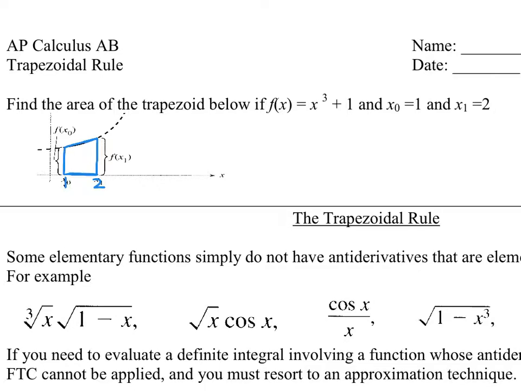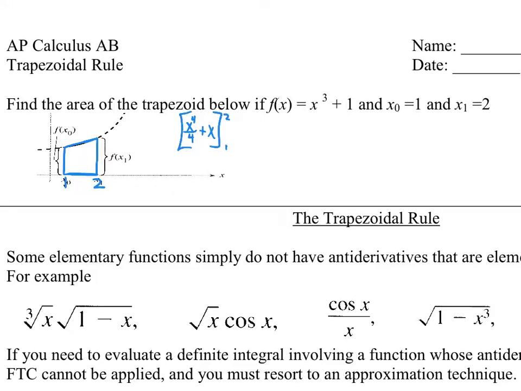Now you can see here, because the curve dips a little bit below, we are going to get just slightly over the actual area. But we're going to get really close. In fact, if I were to do the integral from 1 to 2 of x cubed plus 1, I would have x to the 4th over 4 plus x evaluated from 1 to 2.